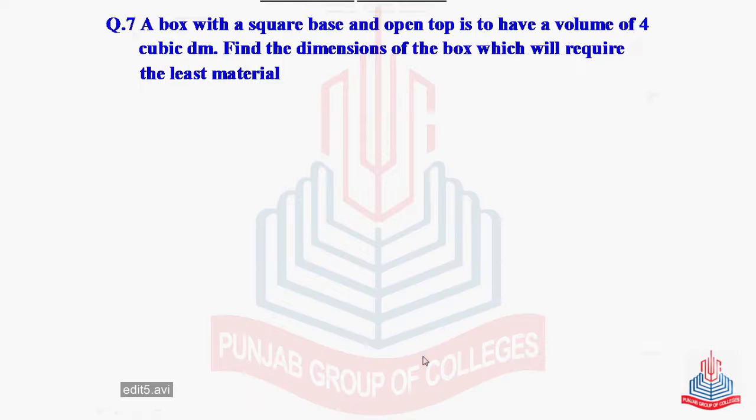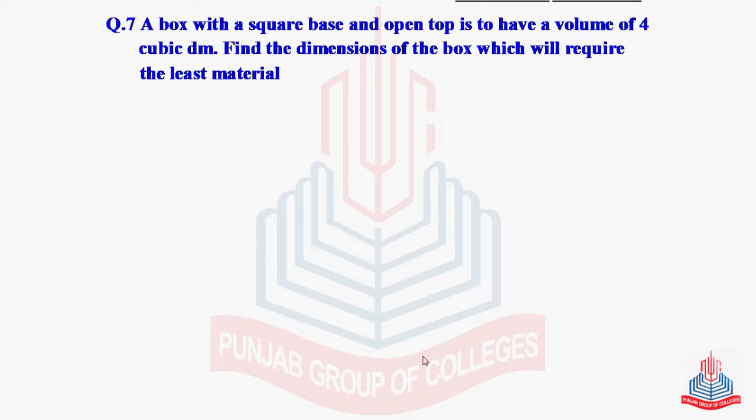Now the question number 7 is, a box with a square base and open top is to have a volume of 4 cubic decimeter. Find the dimensions of the box which will require the least material. Actually, in this problem, we have to make a box.